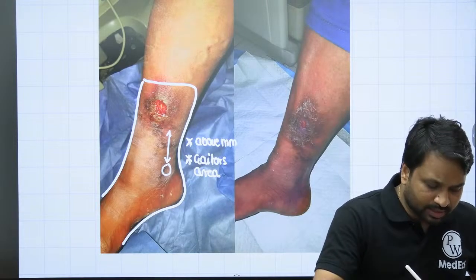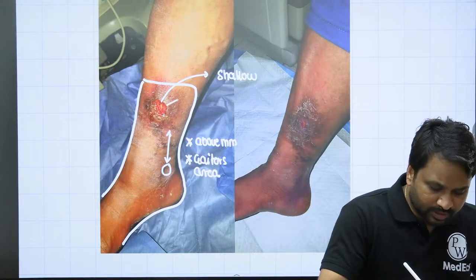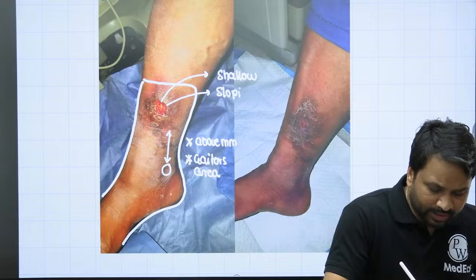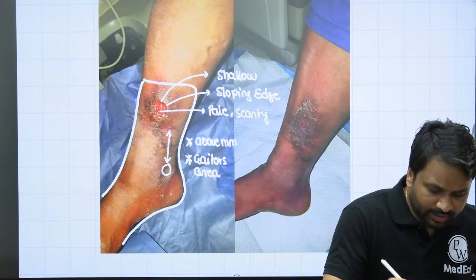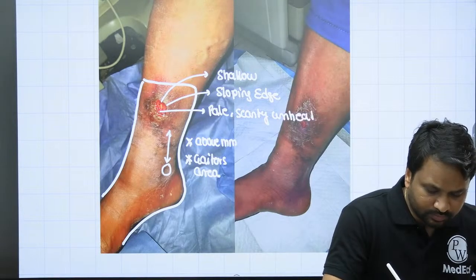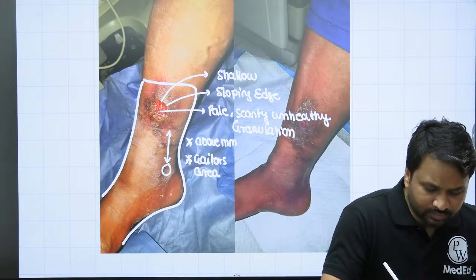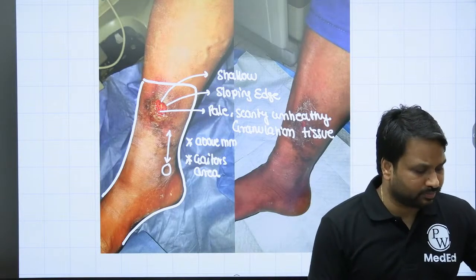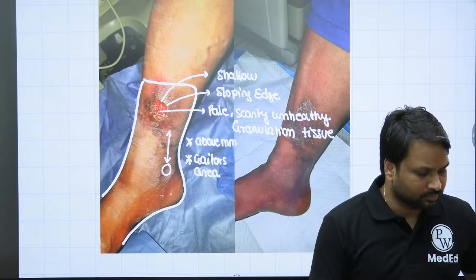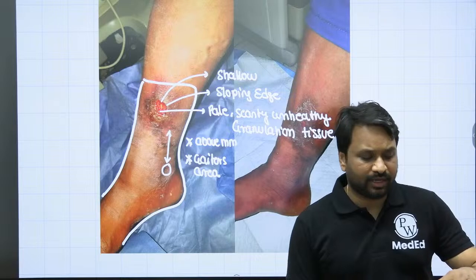When you look at the ulcer itself, it is a shallow ulcer. It is going to have a sloping edge, and this will have a pale, scanty, unhealthy granulation tissue, right?